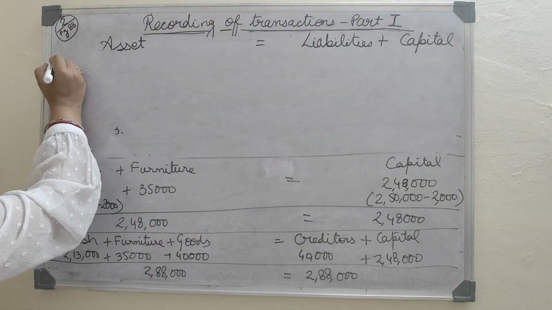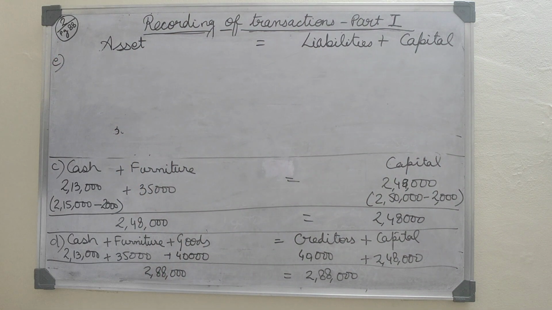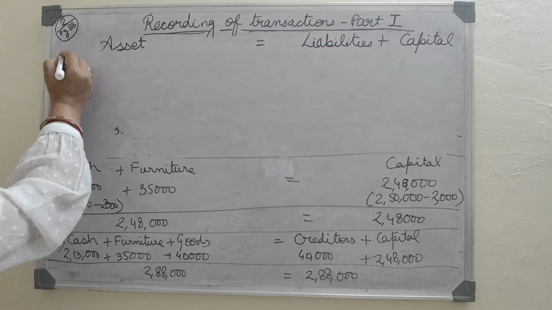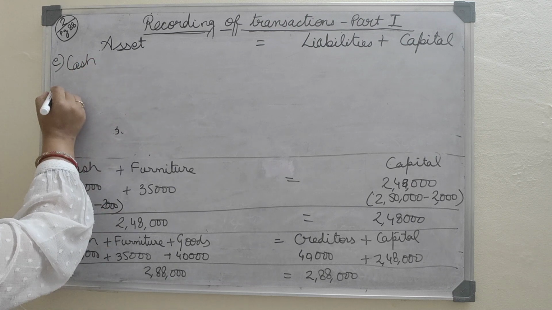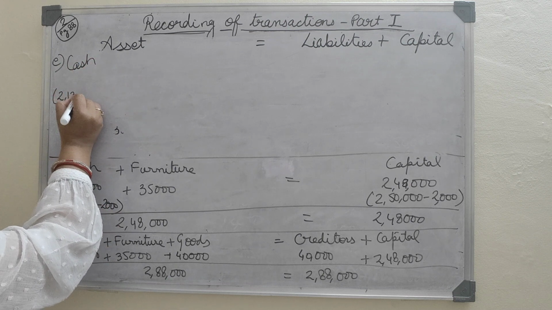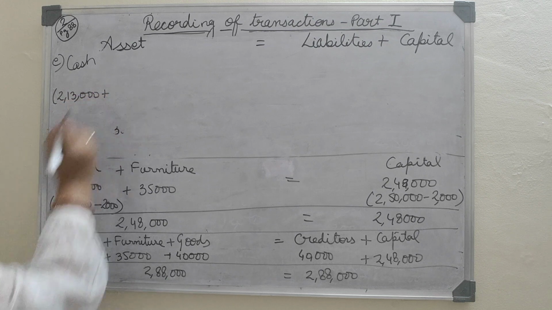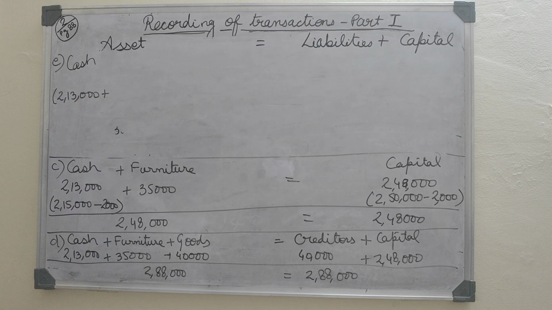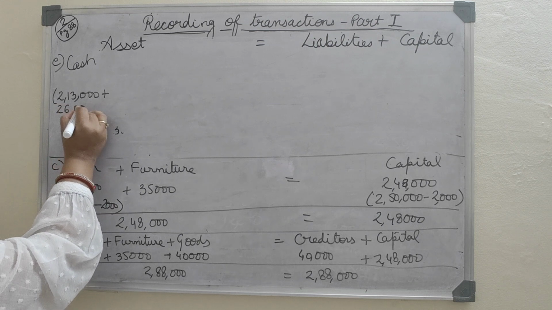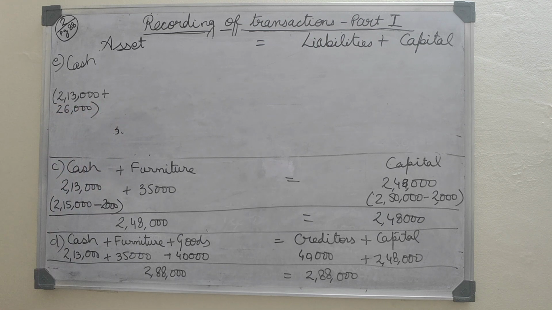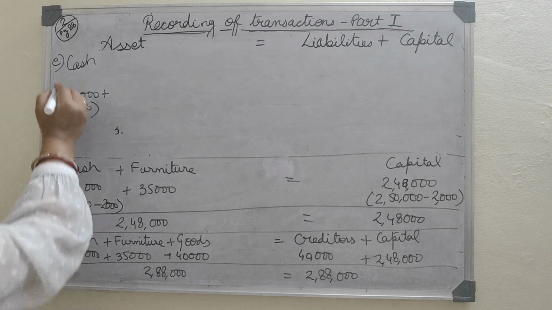So the goods are sold for 26,000, right? How much cash have I got? Cash was 2,13,000. After selling I have got 26,000, so the total comes to 2,39,000.